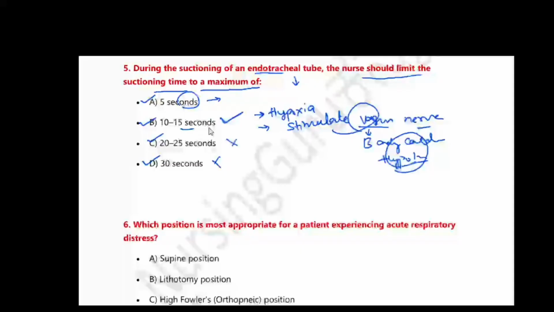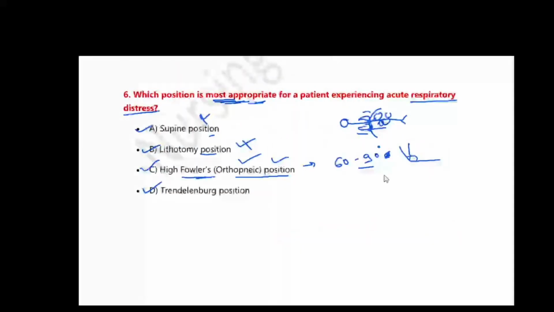At a 60 to 90 degree angle, the patient can breathe very easily because the abdominal organs go down, the diaphragm also goes down, hence the lungs will get more space for expansion. Hence, there will be normal breathing or ease of breathing. Then Trendelenburg, what is Trendelenburg position?